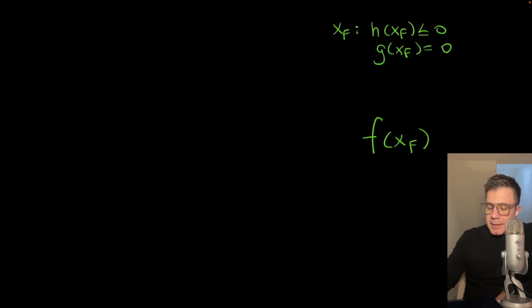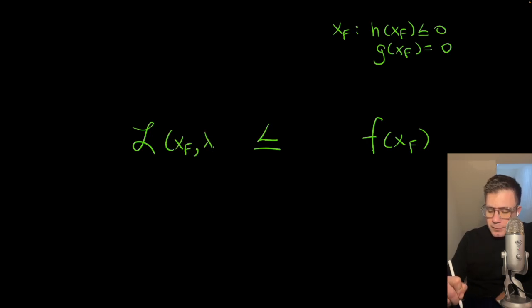Okay. Now, what we saw is that the Lagrange function is less than or equal to the value generated by the objective function, assuming that, again, some feasible state is being fed to it.